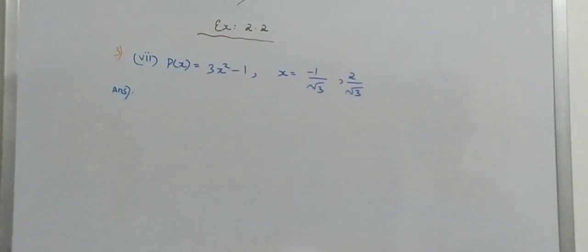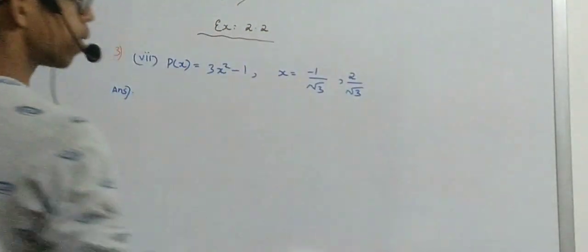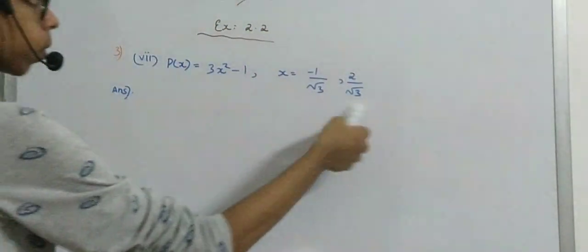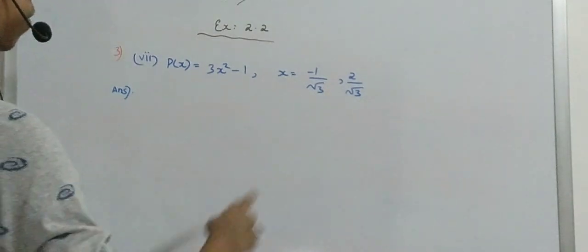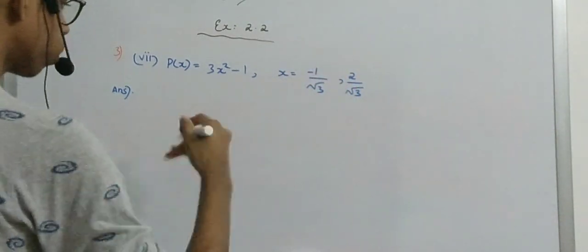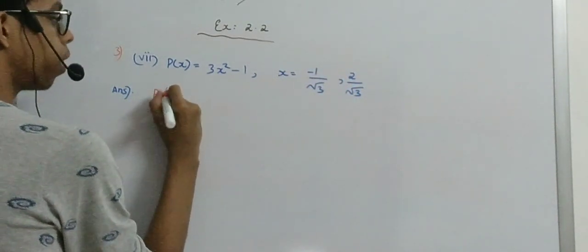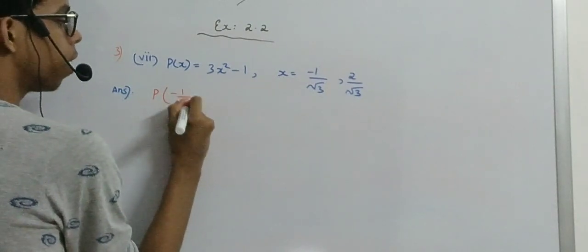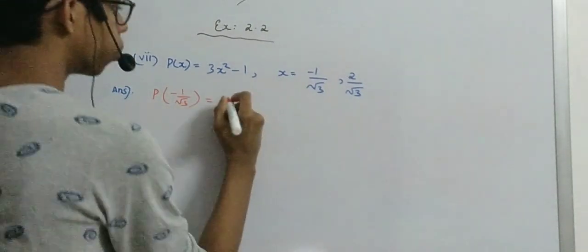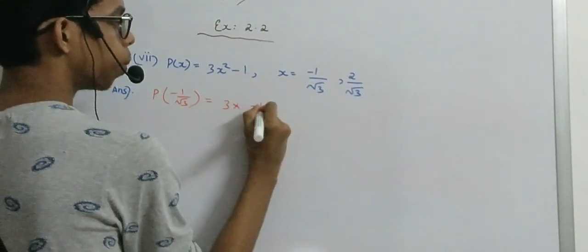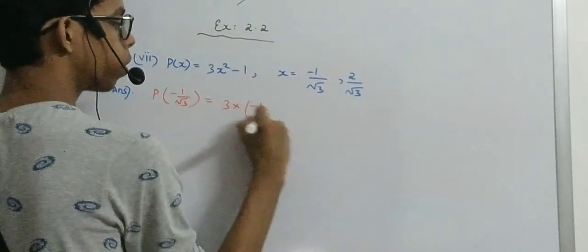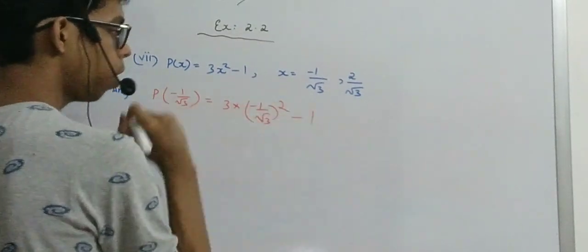So next one is P of x is equal to 3x square minus 1, where the zeros are given to you. First of all, we will check for minus 1 by root 3. So P of minus 1 by root 3 is equal to 3 into minus 1 by root 3 the whole square, minus 1.